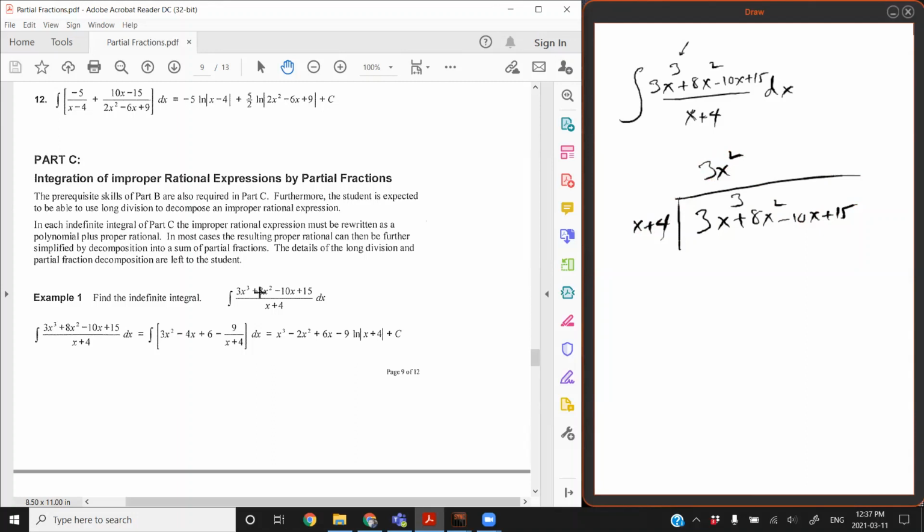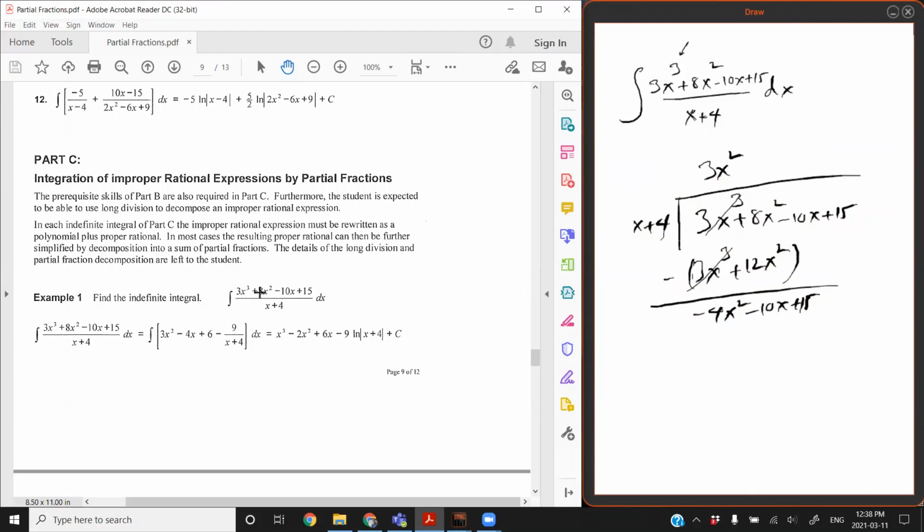Then I multiply this by this. I get 3x cubed plus 12x squared. Put brackets around these. These two will cancel. I'm going to be left with 8x squared minus 12x squared. That's minus 4x squared minus 10x plus 15.